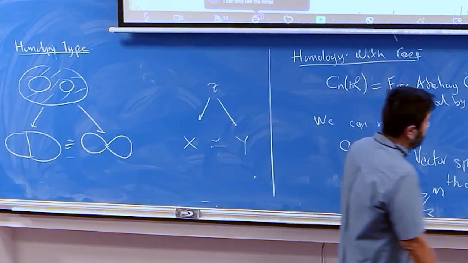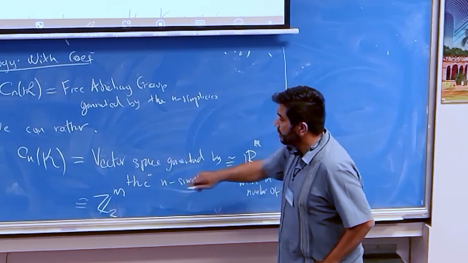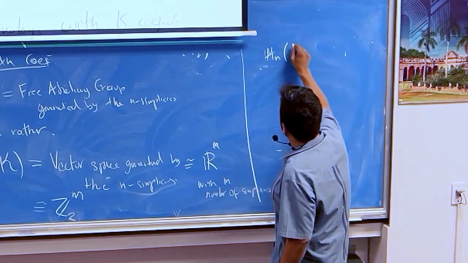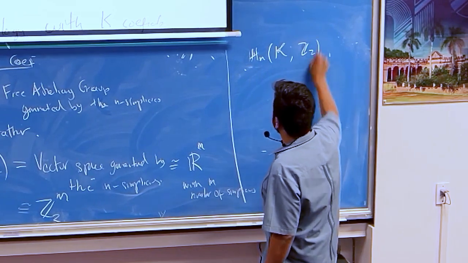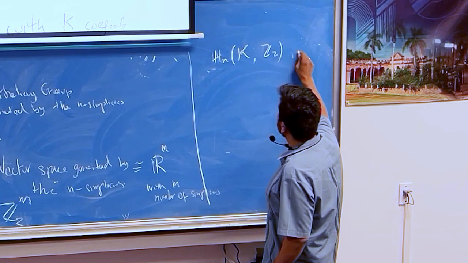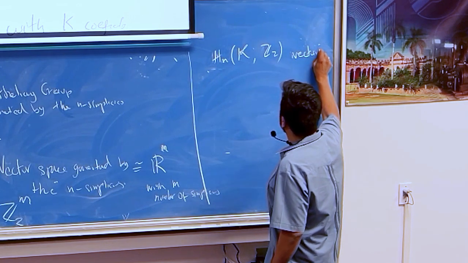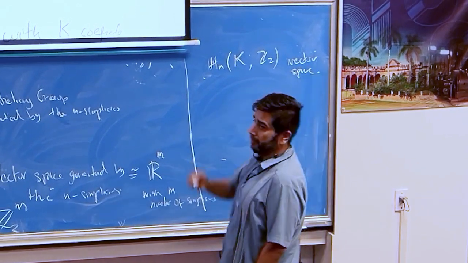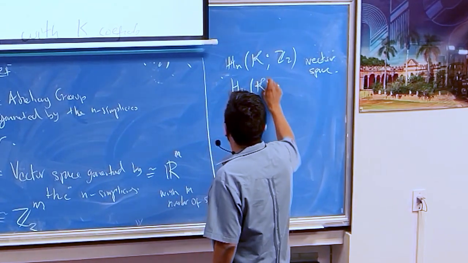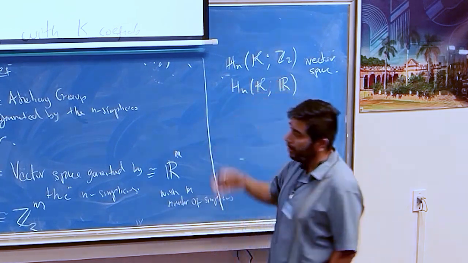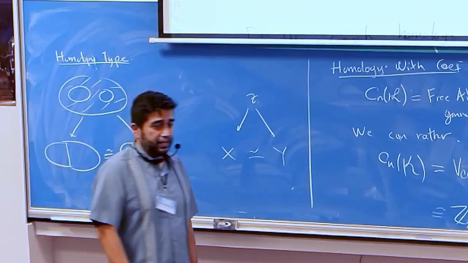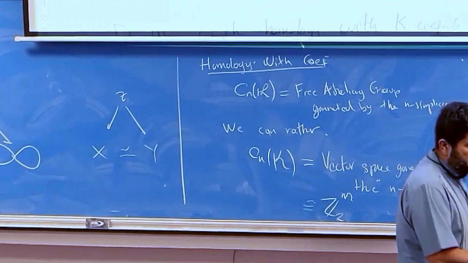And so, when you work in this case, the homology is usually written as Hn of K with coefficients in Z2, right? And in this case, what you have here is a vector space. If you prefer, you can work with R or the rationals, and with any field it becomes a vector space, and everything is simpler for computations.